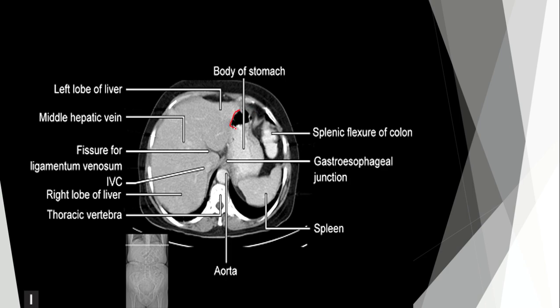You see the gas here. This is part of the stomach. This is inferior vena cava. This is our spleen.